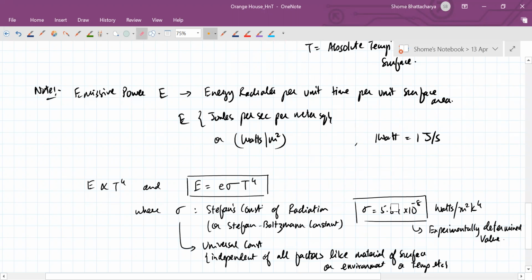So it is just a correction here. It is 5.67, not 8.4. It is 5.67 into 10 raised power minus 8.